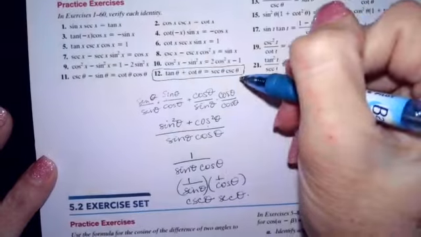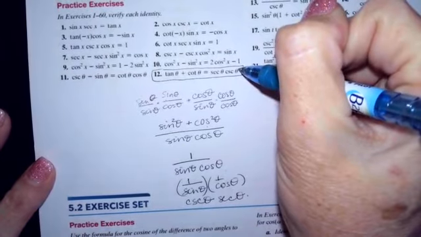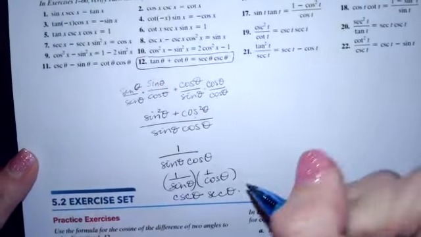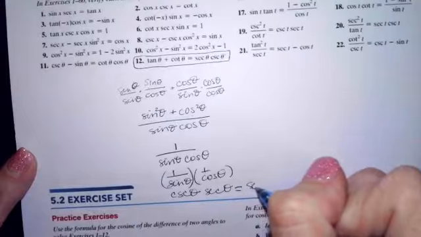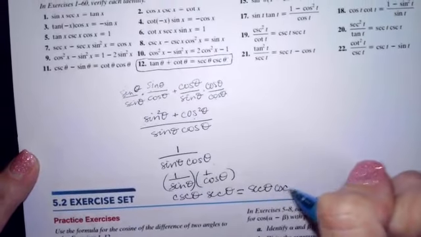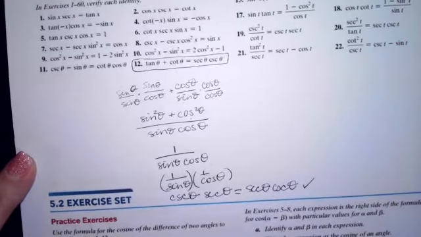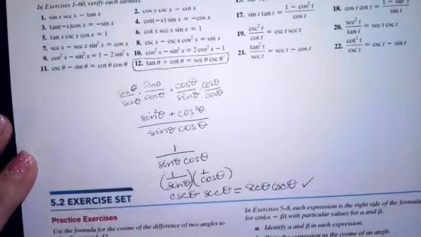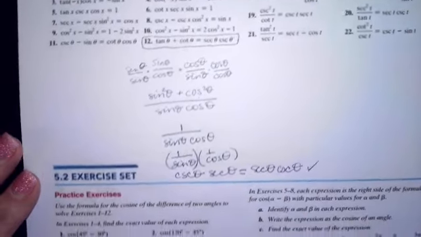And this matches the original identity we were asked to verify. So this equals secant theta, cosecant theta, and we are done. All right, so that's the expectation for the 1 through 30 from the day 1.